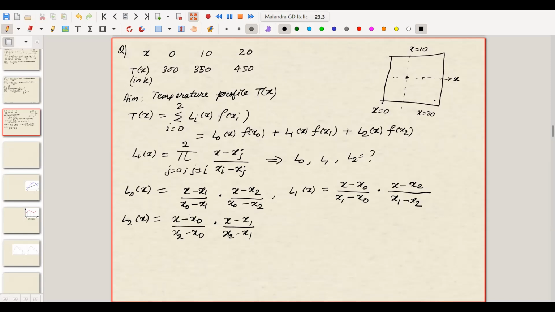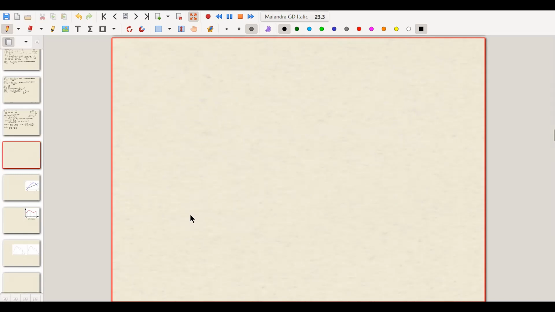So can you substitute all this x0, x1, and x2? You know x0, x1, x2, right? Those are given. x0 is 0, x1 is 10, x2 is 20. After you substitute all this, L0 of x you will get around 1 by 200 multiplied by (x minus 10)(x minus 20).